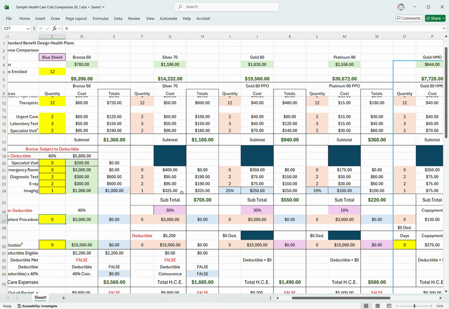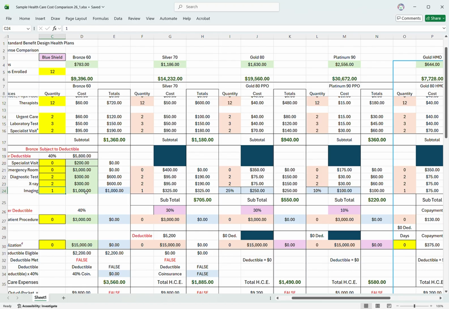The silver plan is a $325 copay for the image. You'll notice that some of these cells are in blue, which means that it is subject to a co-insurance percentage. So on the gold plan, generally imaging is going to be 25%, so it comes out to $250.